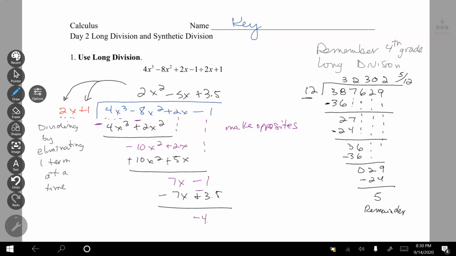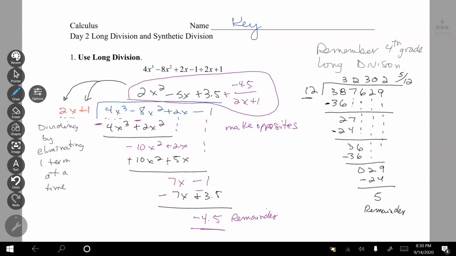I get minus 4.5. And then at the very end, I take my remainder here, like I did before. This is my remainder. I put down plus negative 4.5 over, what did I divide by? 2x plus 1. This is how to divide polynomials.